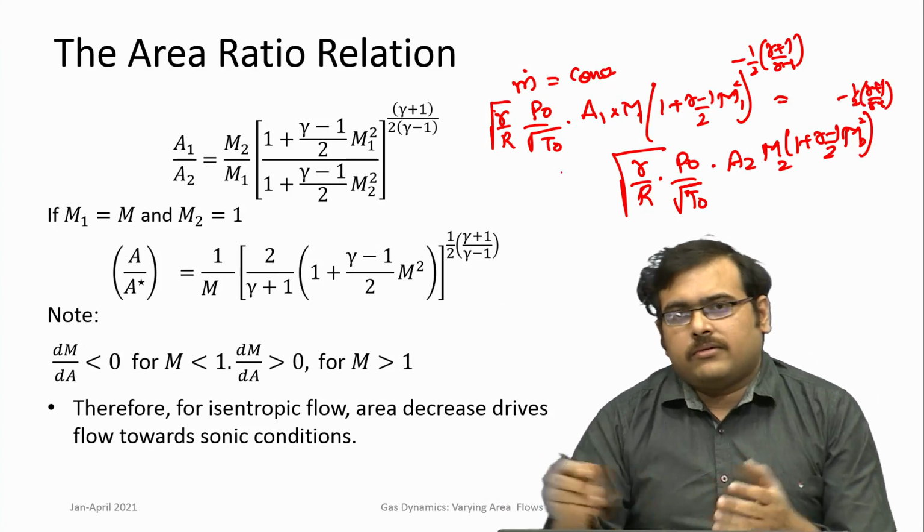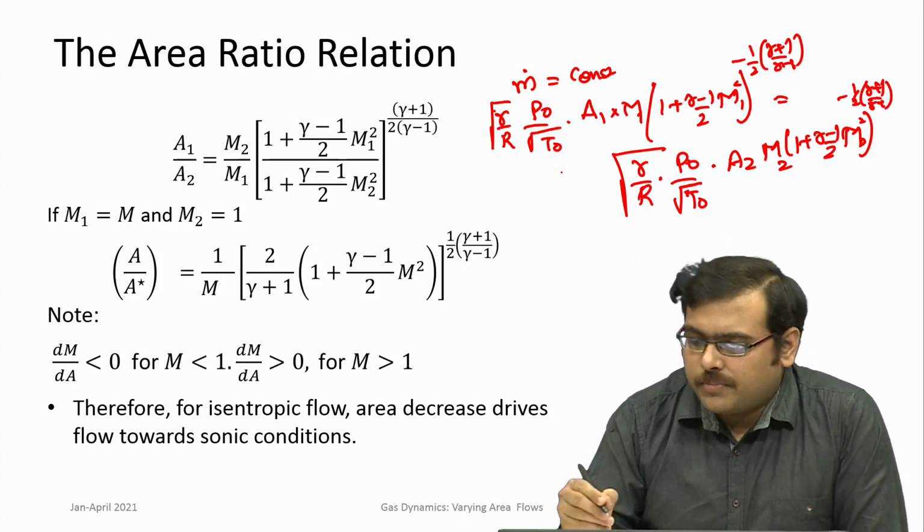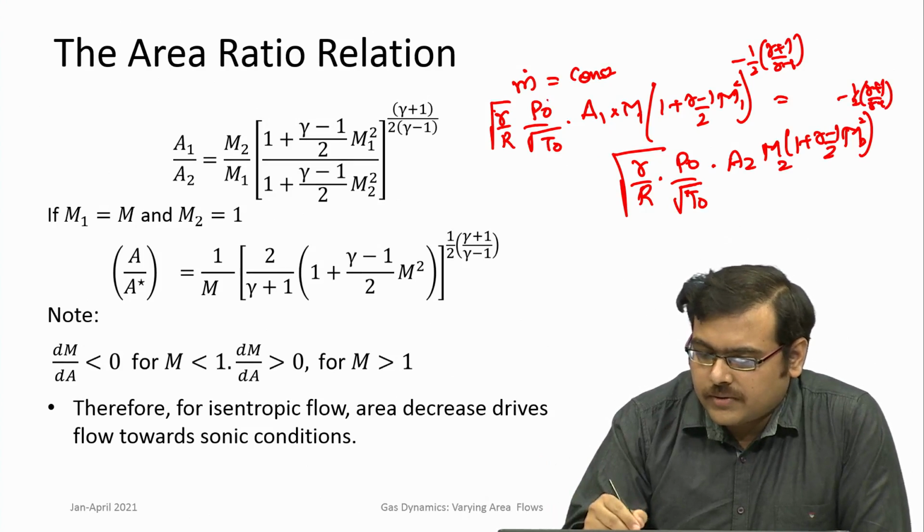So in a varying area duct, it is isentropic. P naught and T naught are constant, so they just cancel off on both the sides.